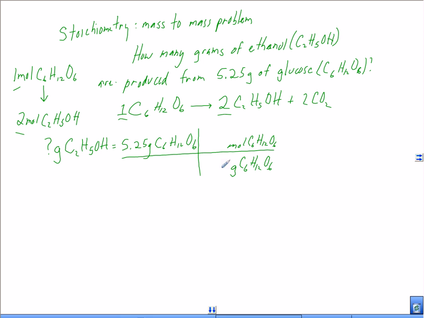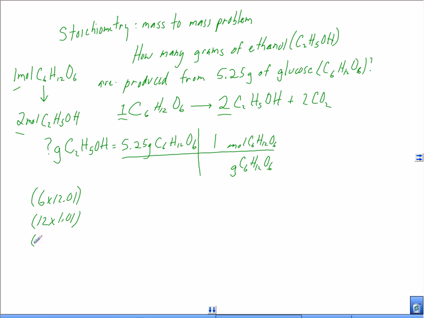Now, whenever you're doing a mole to gram conversion, we always use a 1 here because that's the easiest number to work with. If I put a 2 here, I'm going to have to double my molar mass and so on and so forth. So I need to know how many grams of glucose are in 1 mole of glucose. Well, of course, I need the periodic table for that because I have to figure out the molar mass. I have 6 carbons, each carbon is 12.01 grams. I have 12 hydrogens, each one of those is 1.01 grams.